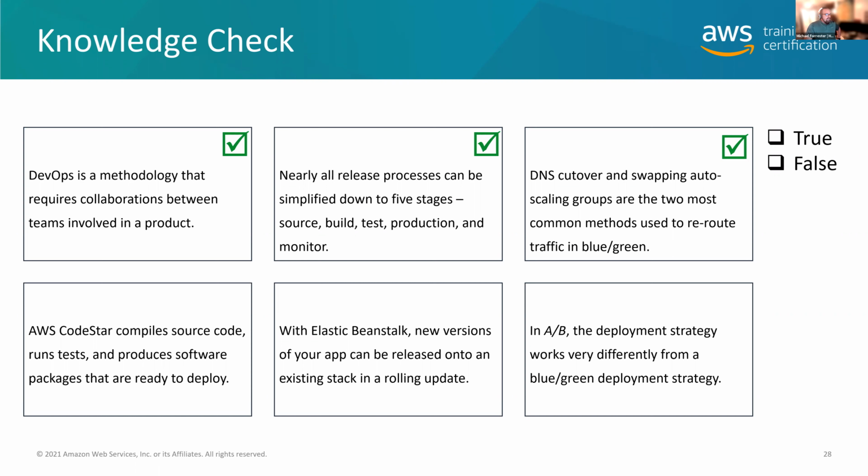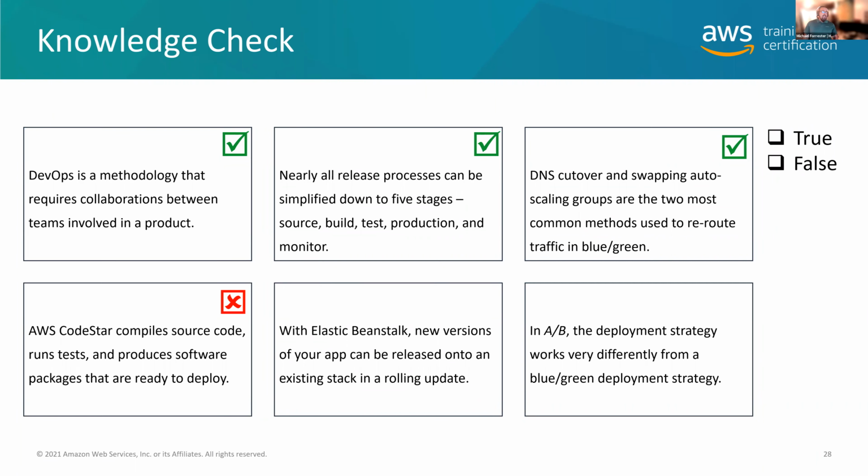Well, hold on. Sorry. I lost my train of thought there. That's actually not true. CodeStar doesn't actually compile source code. CodeStar orchestrates all of the other code services. So it gives you a templatized, best practice way to use all of the code services. Compiling source code, running tests, and producing software packages is actually CodeBuild. CodeBuild is the one that does that, not CodeStar.